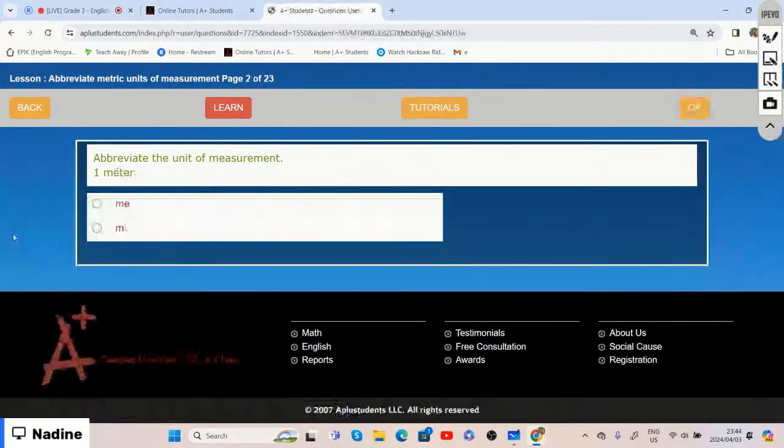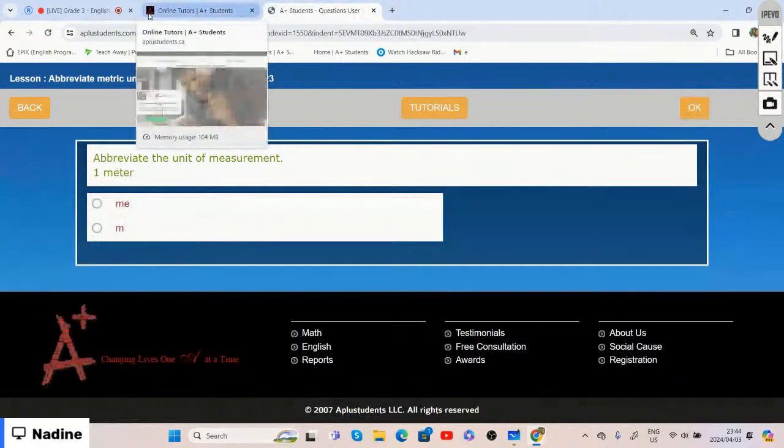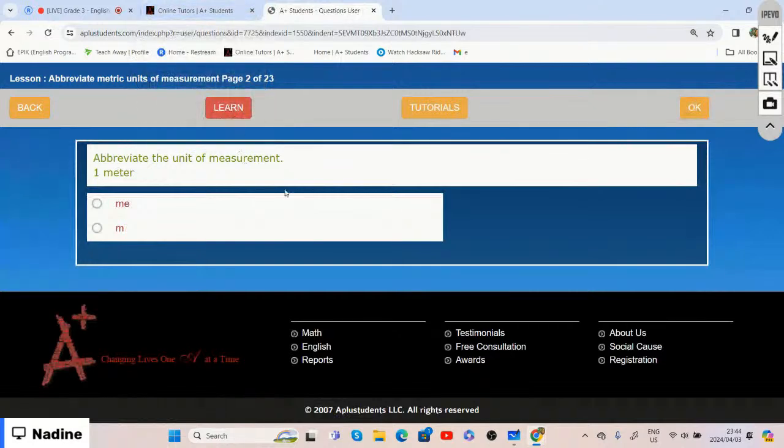1 meter. Is it ME for meter or M for meter? We want to measure the room. So for 1 meter, is it ME or just M for meter?